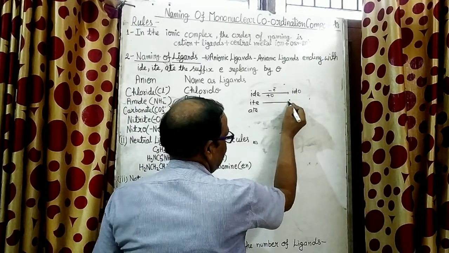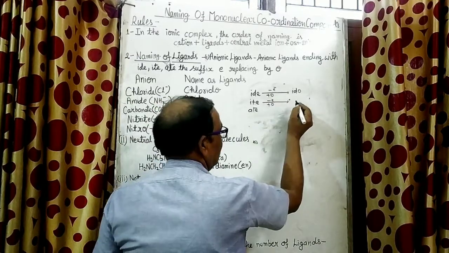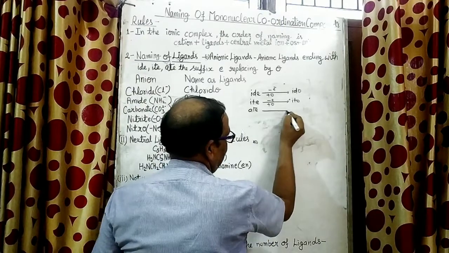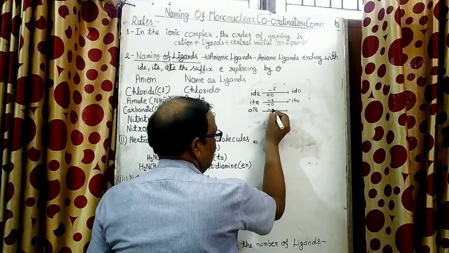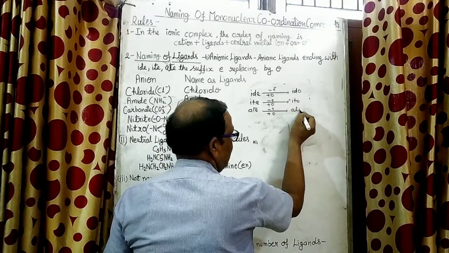In the second case again e is replaced by o, that is ito, and in the third case e is again replaced by o, that is ato.